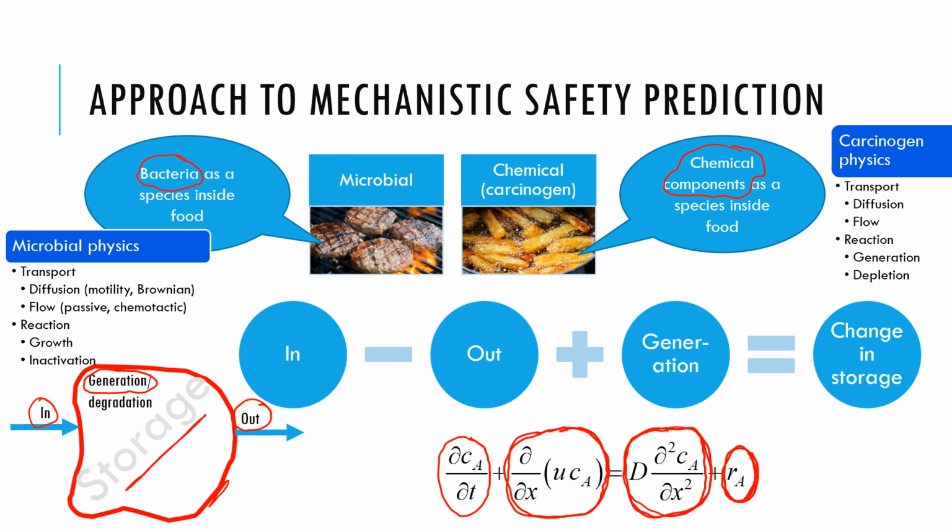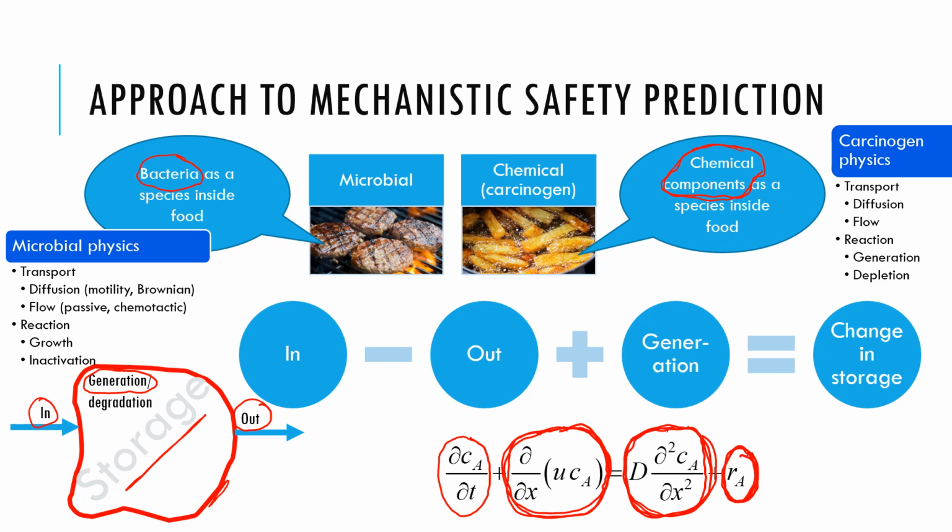That was about bacteria. And just like bacteria, then for chemical components, the carcinogens can also diffuse, or they can be carried by the fluid, and more of them can be generated.